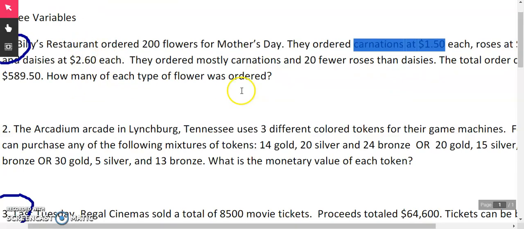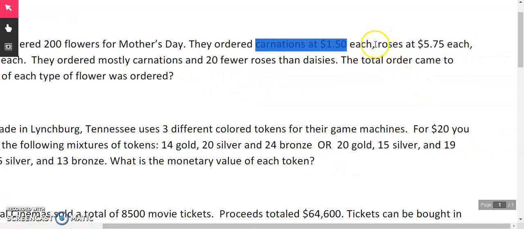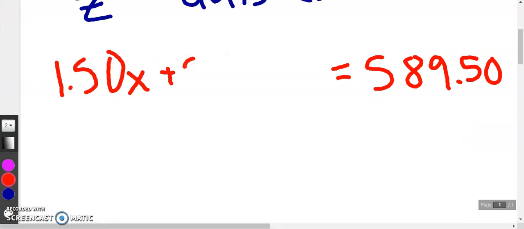My roses are $5.75 each, so I should add 5.75y to my equation.